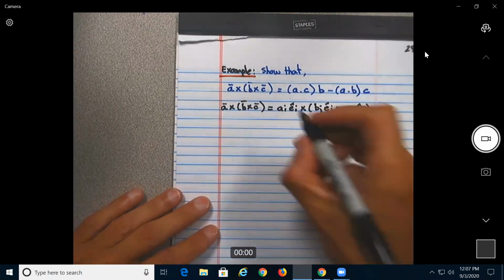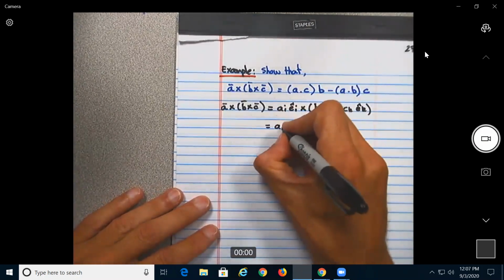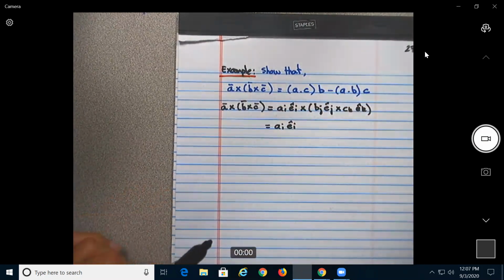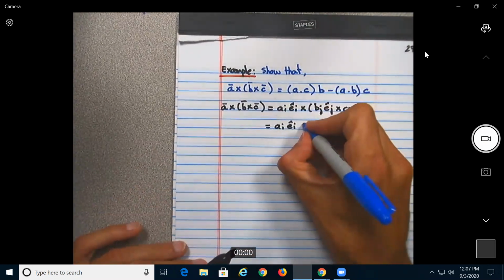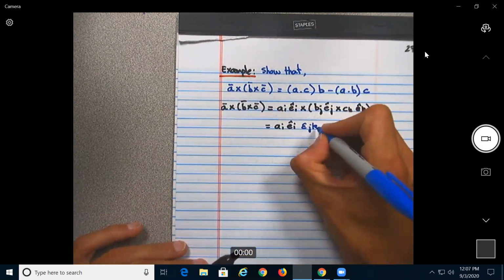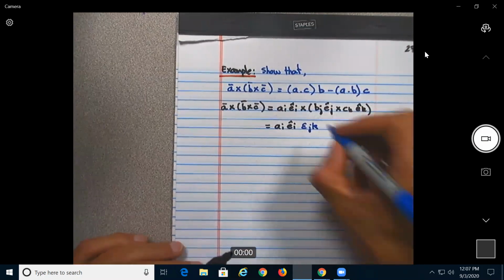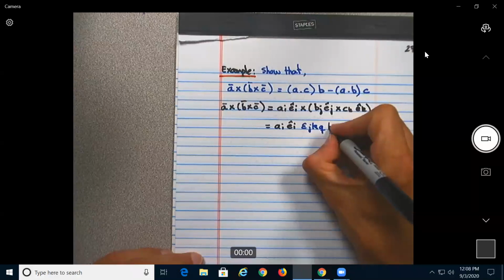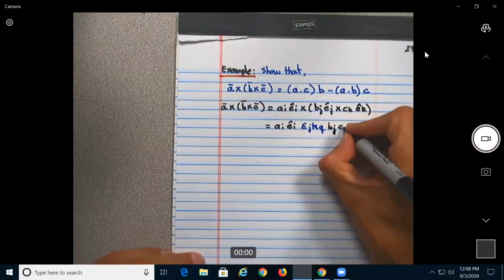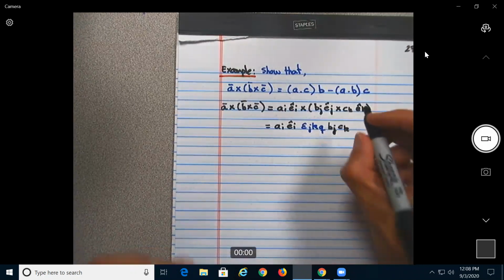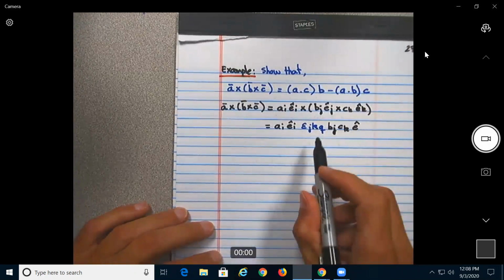All right, so this gives us A_i e_i, epsilon_jkq, let's call it, B_j, C_k, and this will give us now e_j cross e_k. This becomes what? e of our new index, which is q.